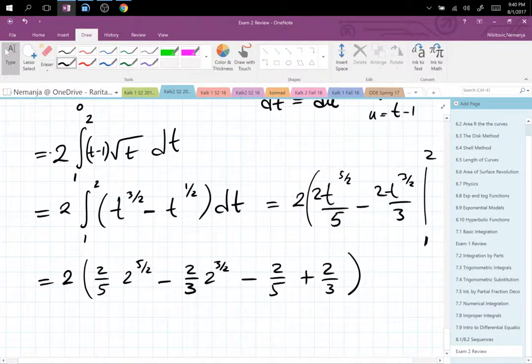Plug 2 into both, plug 1 into both. I plugged 2 in the first and 1 in the second, and I was wrong because no one's paying attention. You can simplify those fractional powers. First one you can do 4 root 2. Second one you can do root 2.